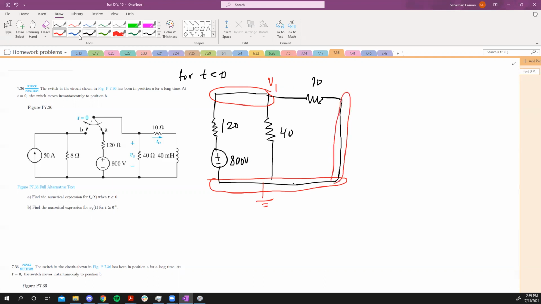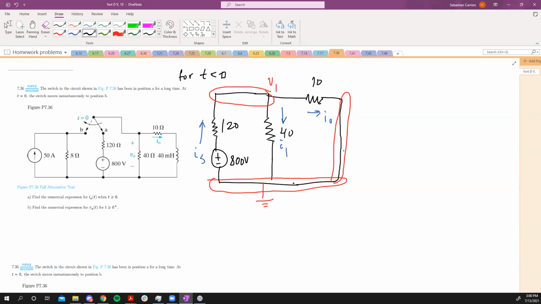Notice IS, I1, I2. We can call, instead of I2, I naught.